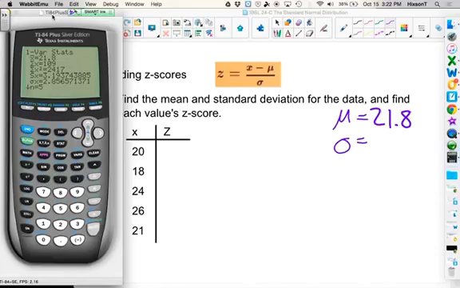In the spreadsheet, it's under the menu. Menu, and then statistics. If you do menu 4, 1, 1, that will get you to it. Did you find one variable statistics?